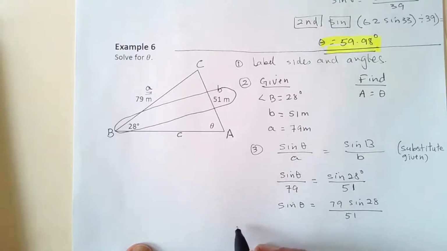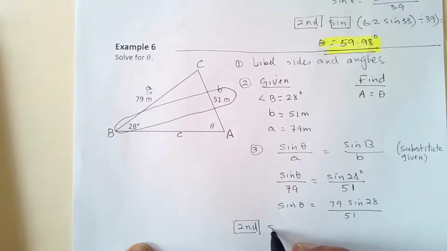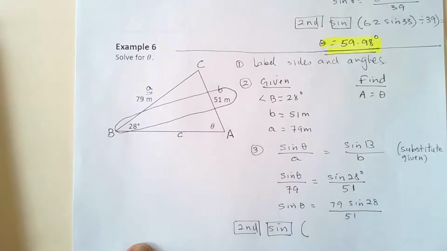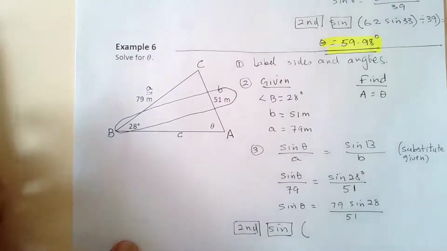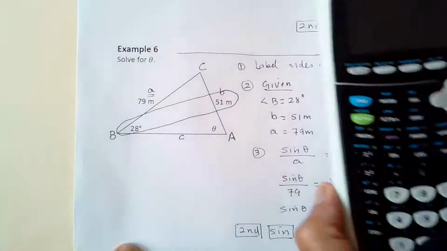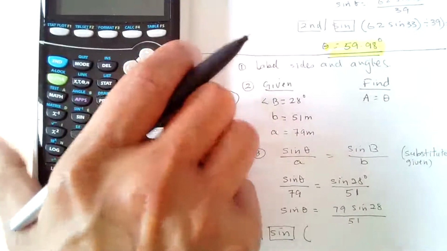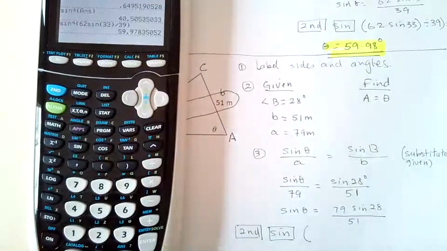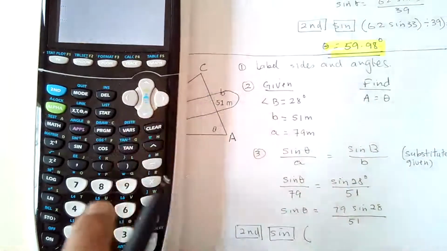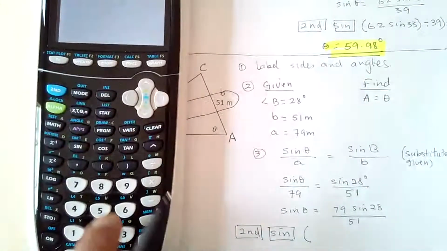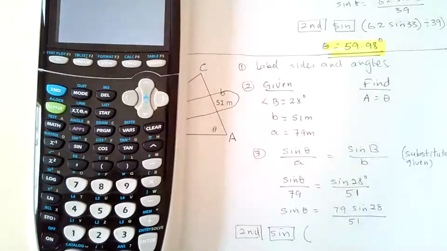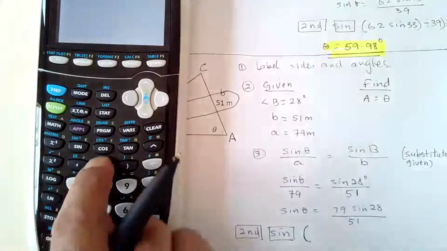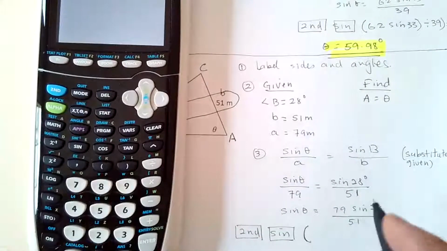Now we'll use our calculator, which is second sine, open bracket. So let's work it through the calculator here. You press your second button, sine, open bracket, 79.